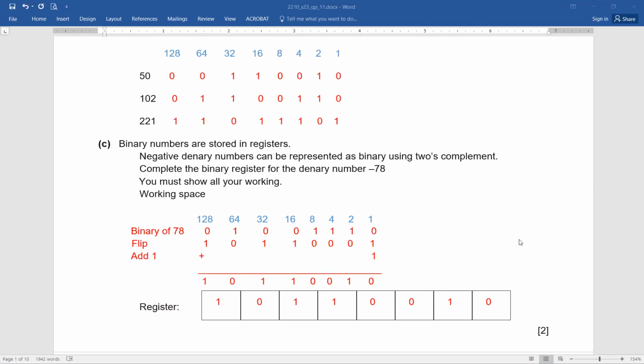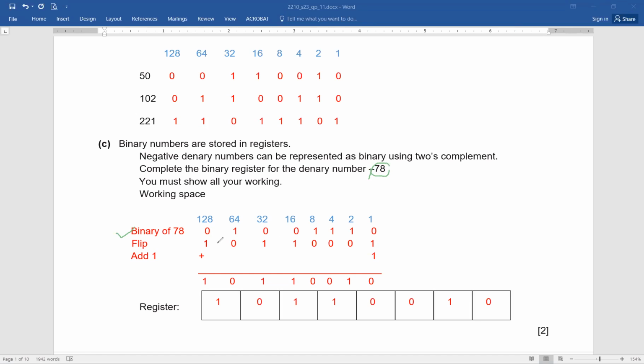The very first stage is to find the binary of 78. Ignore the minus completely and just pay attention to 78 only. You have found the binary for 78: 64 plus 8 plus 4 plus 2. That makes 78. Then the second stage is flip.